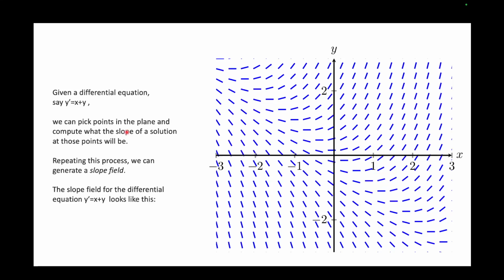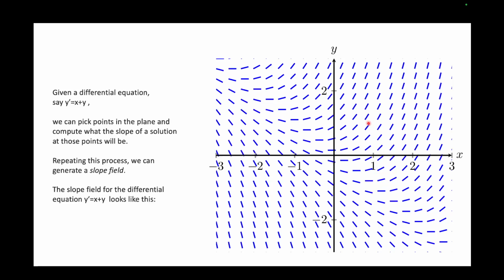So what will be the slope here? It's just y dash, which is given. Your slope is already given by your differential equation. You just need to substitute the values of x and y, say, at the point (1, 1).